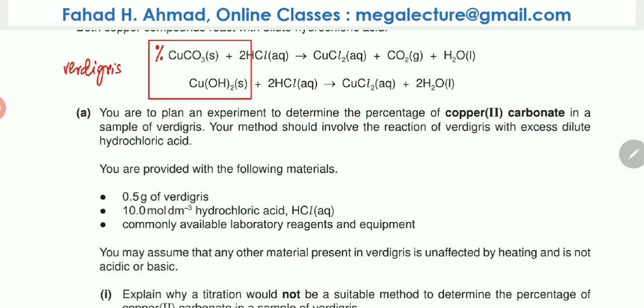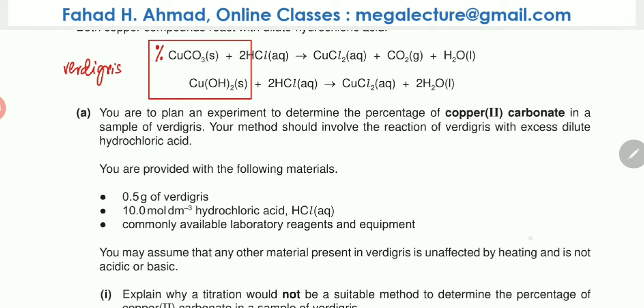basic. What this statement actually means is that there must be other impurities involved, and we're told two things about those impurities. For example, in 0.5 grams of verdigris there would be some amount of copper carbonate, some amount of copper hydroxide, and some other amount of impurities.